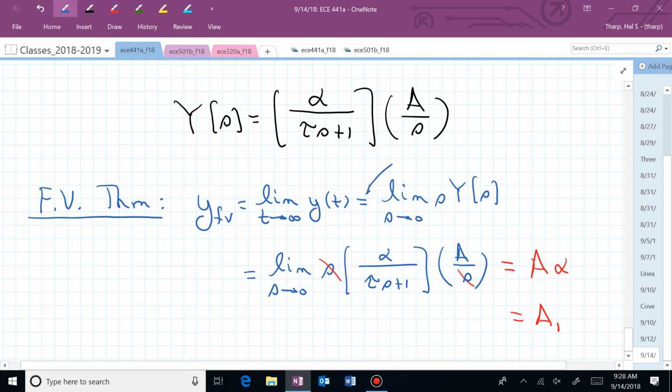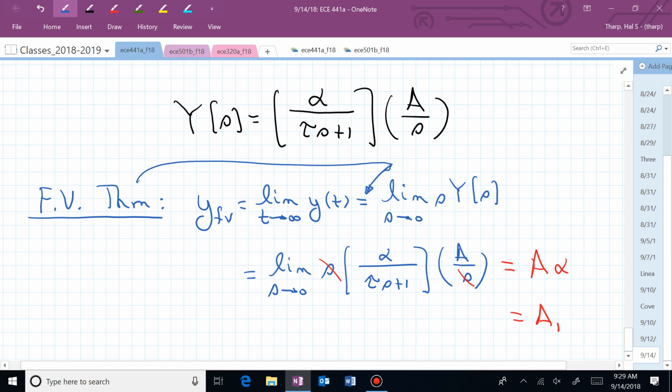So where did this come from? That's my final value theorem. So the question, I think, was why can I equate these two sides of this expression? The limit as t goes to infinity of y of t is equal to the limit as s goes to 0 of s Y of s. That should have been explained in 320, maybe.